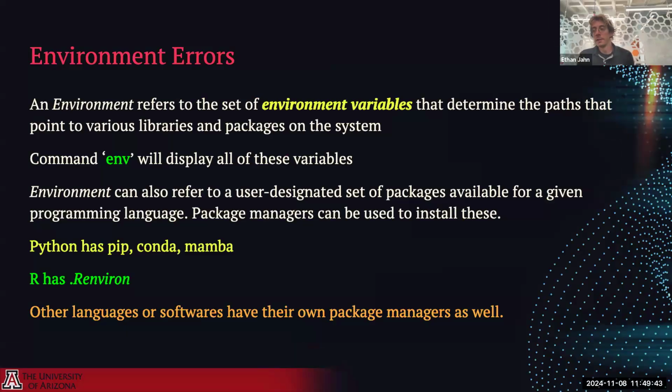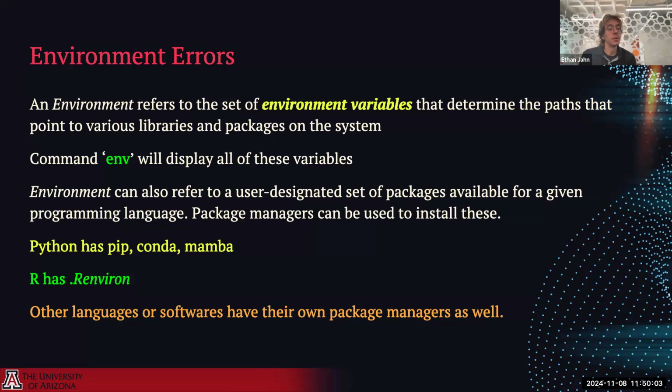So let's talk about environment errors. An environment refers to the set of environment variables that determine the paths and point to various libraries and packages on the system. So the command env, if you're on the terminal, will display all of these variables for you.